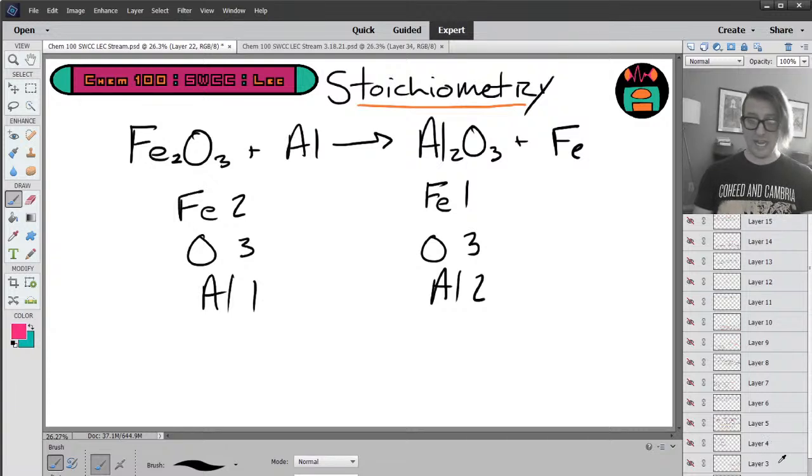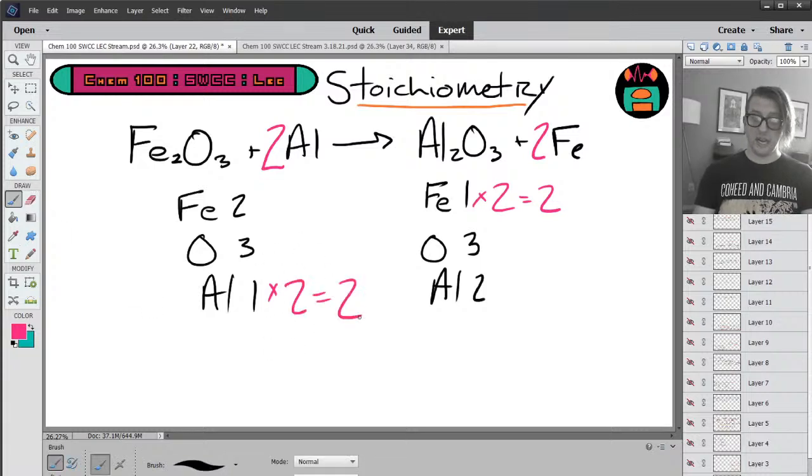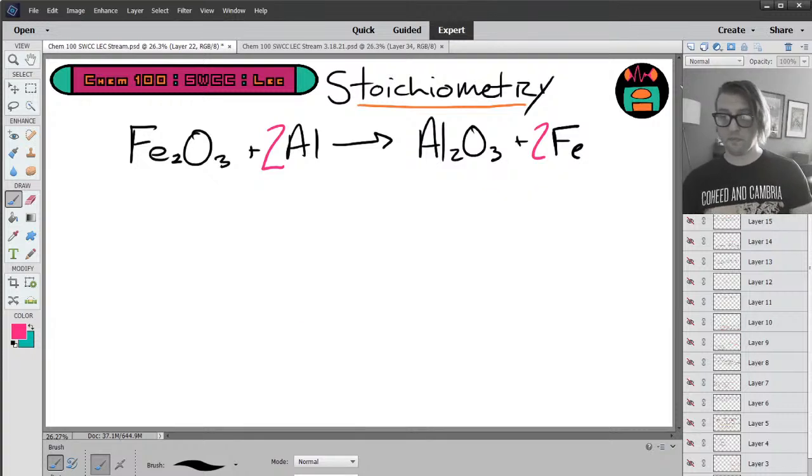We need to balance iron, so we multiply the product side by 2. We need to balance aluminum, so we multiply the reactant side by 2. That looks like our equation is balanced. So there's our balanced chemical equation.